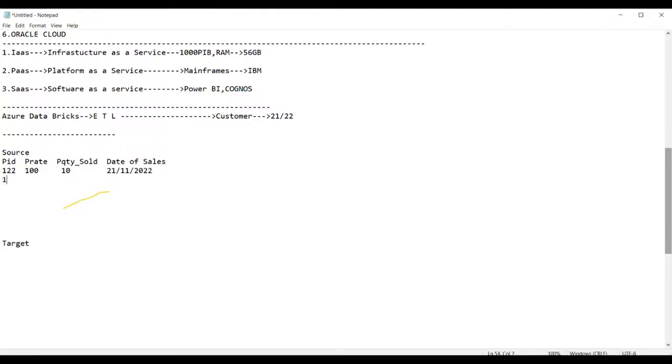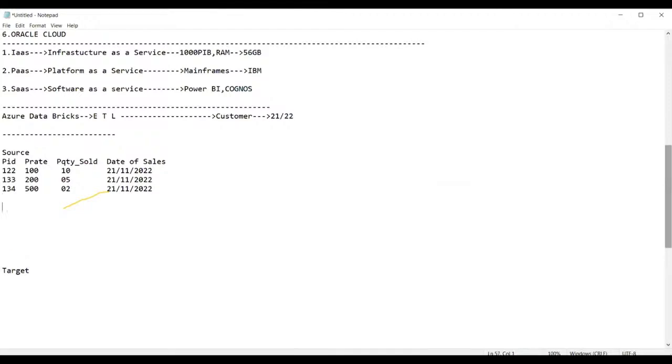And then another with quantity 02, and date 21/11/2022.